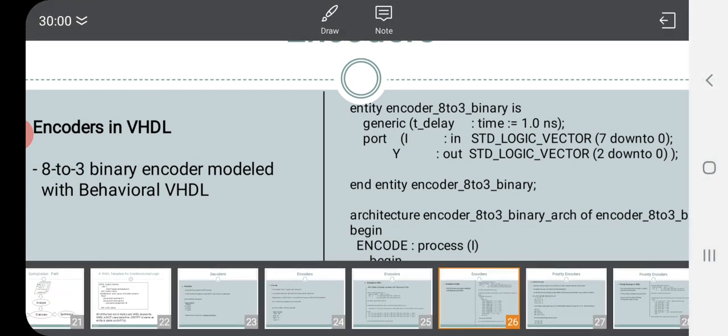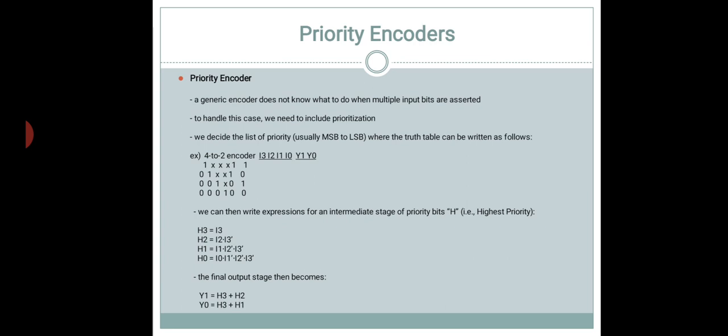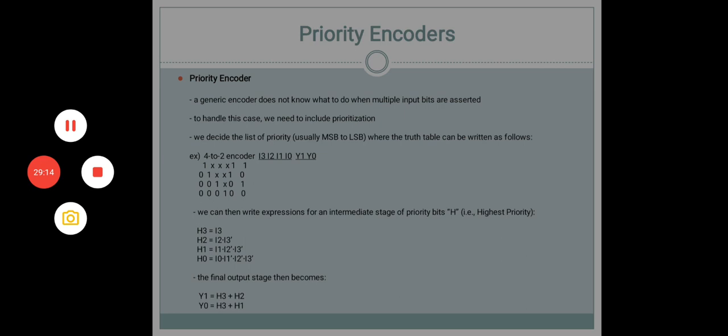If you want to design a decoder, it will be the opposite of the encoder. Now let us consider a priority encoder. In a priority encoder, depending upon the input, the output will be generated.